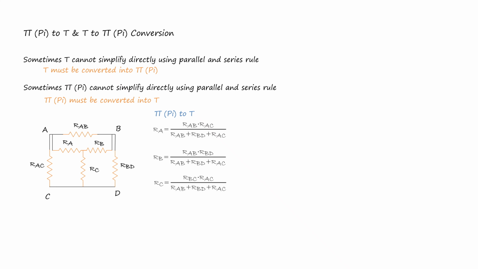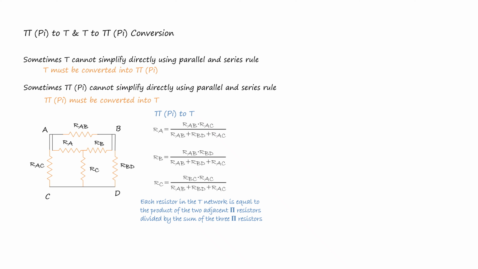To remember this formula, we use a simple rule: each resistor in the T network is equal to the product of the two adjacent pi resistors divided by the sum of the three resistors.